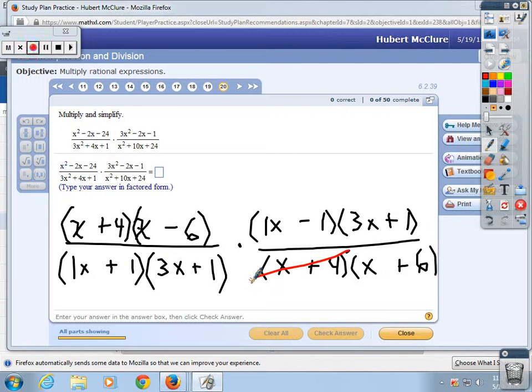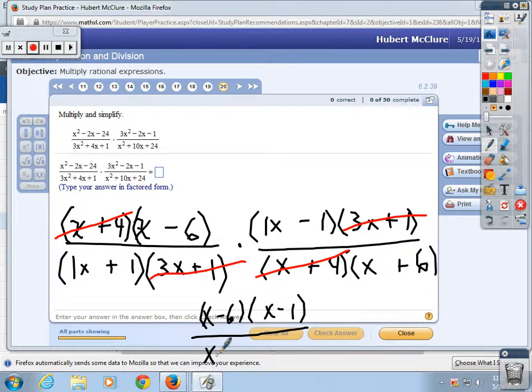X plus 4 is canceled. 3X plus 1 is canceled. Anything else? Nope. So your final answer is X minus 6 times X minus 1 over X plus 1 times X plus 6. That's it.